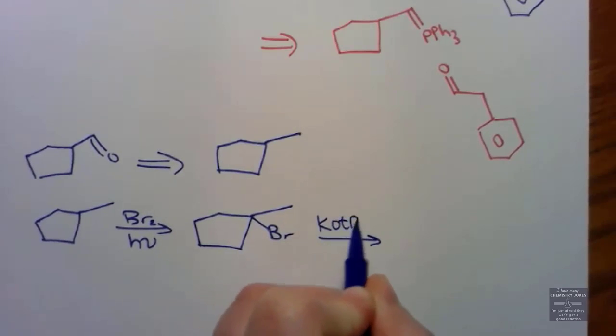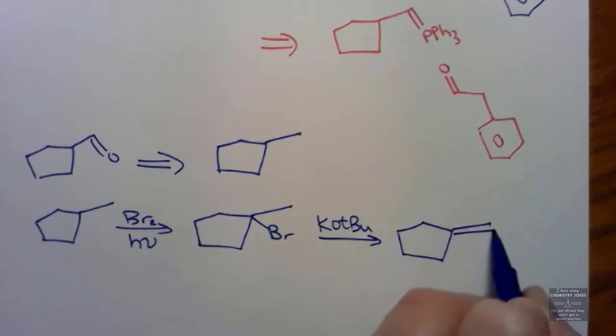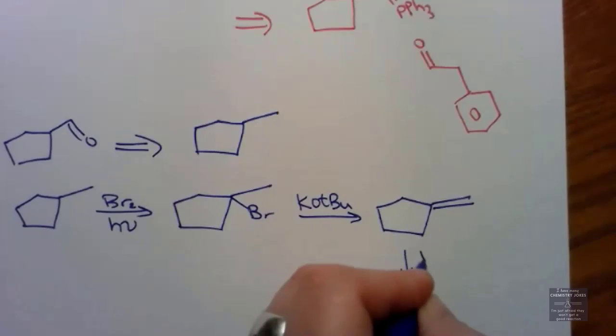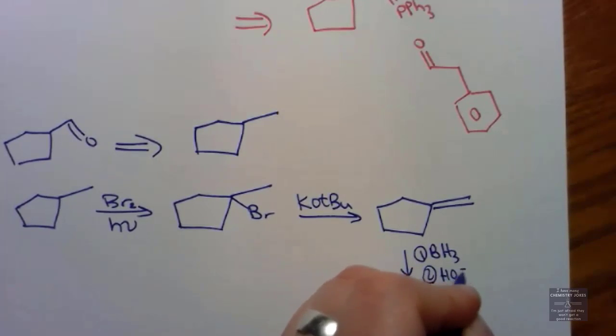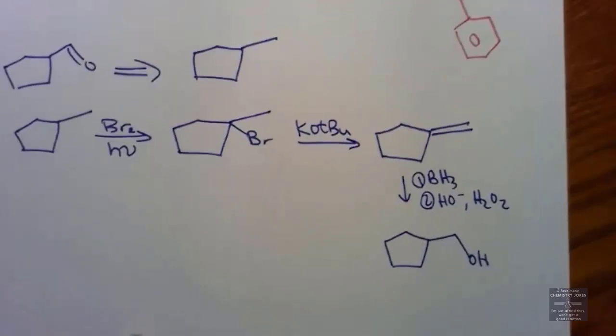And then I can maybe do some KOtBu to do selective elimination over here. E2, anti-periplanar, give me elimination over there. Then I can do boron stuff, BH3, hydroxide, and peroxide to give me an anti-Markovnikov alcohol.